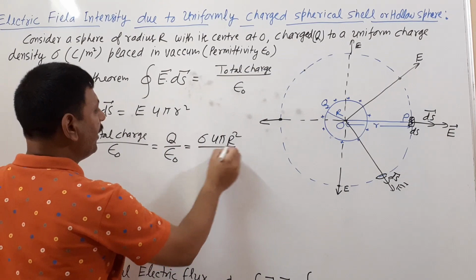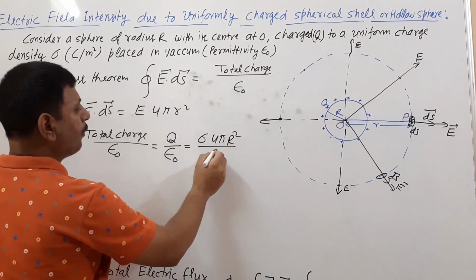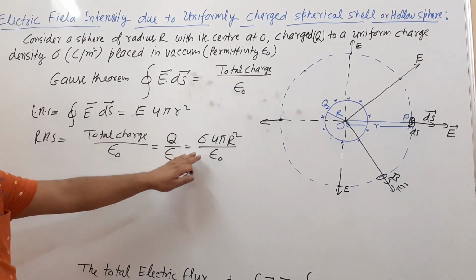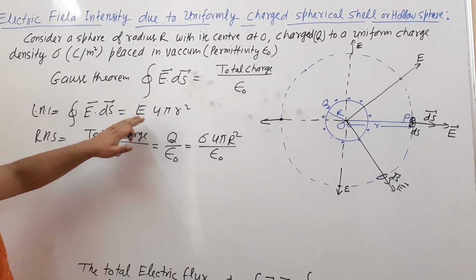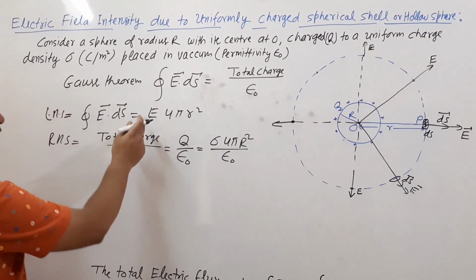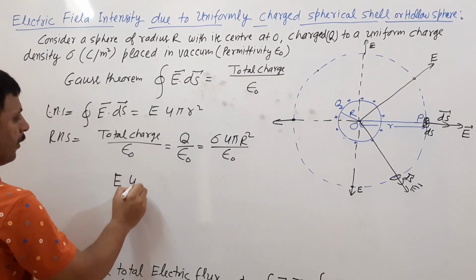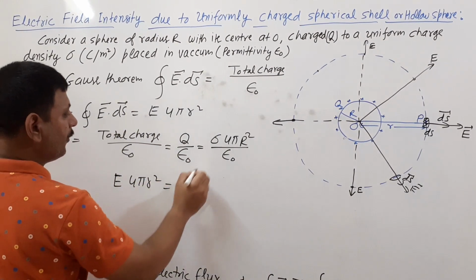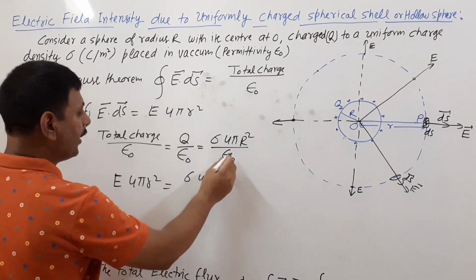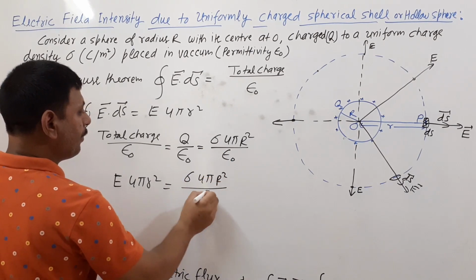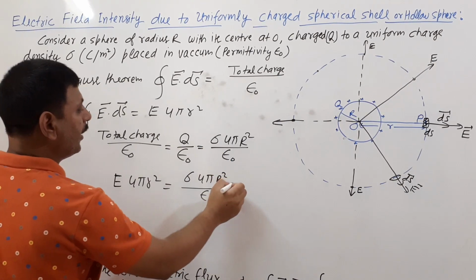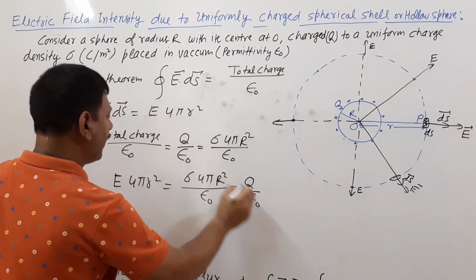So the right hand side is q upon epsilon naught, or sigma 4 pi r square upon epsilon naught. By Gauss theorem, LHS equals RHS, that is E into 4 pi r square is equal to sigma 4 pi r square upon epsilon naught, or q upon epsilon naught.